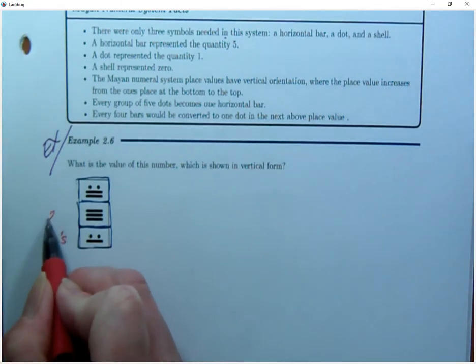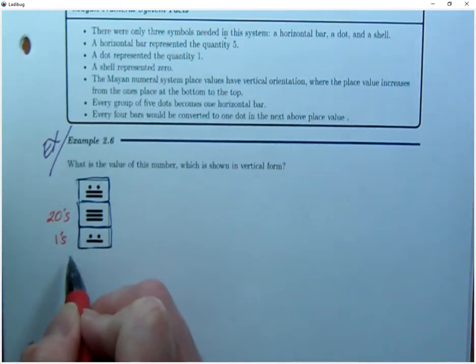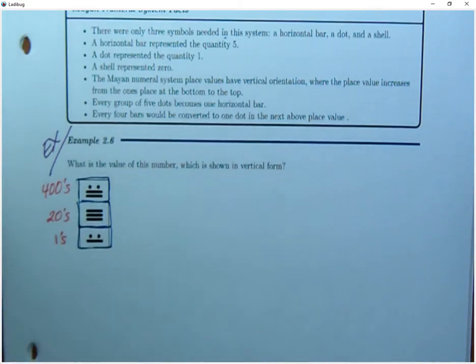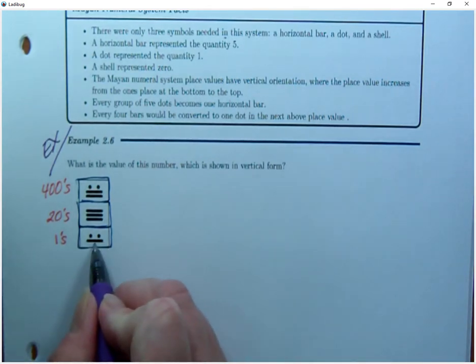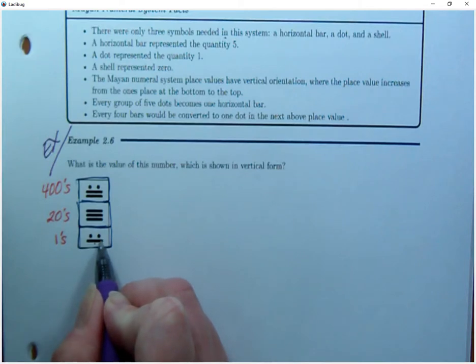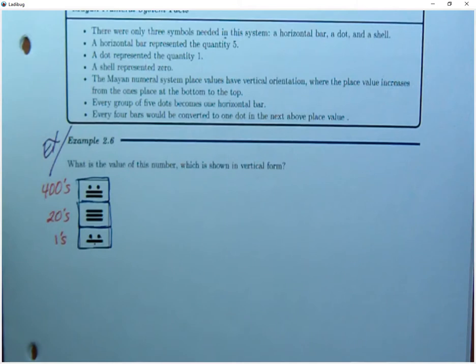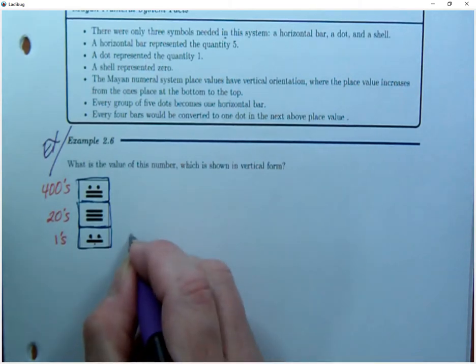So then we have 20s here in the second row. 400s is the top. So it's always, remember, the same as how ours worked. That's a 5, the bar, plus 2 dots, kind of similar to the tally system, and that would be a 7.